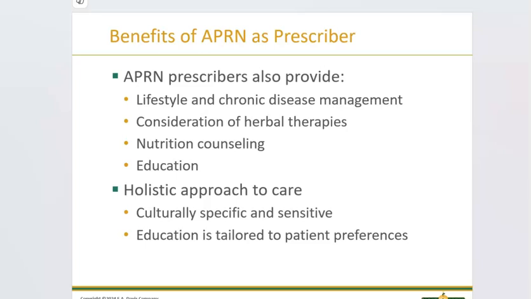These are things you are prescribing for the patient to do. We can also have good holistic approaches to care, mind, body, spirit. We tend to be more culturally sensitive and specific for the patient, and we understand how to tailor our education to the patient's preferences.